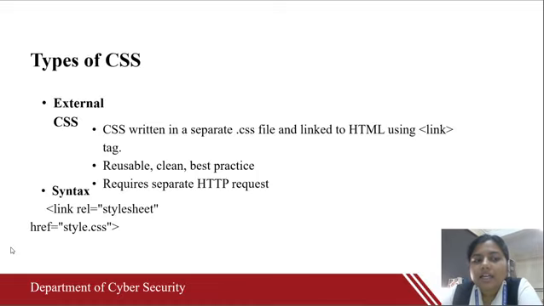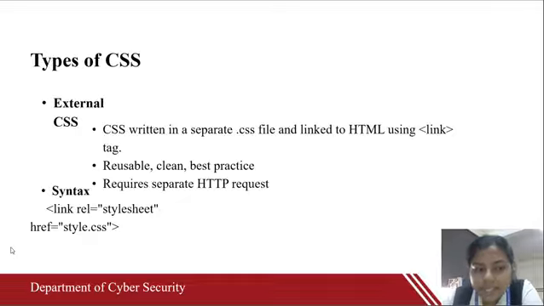The third type of CSS is external CSS. In external CSS, the CSS is written in a separate .css file and is linked with the HTML document using the link tag. It is reusable, clean, and best practice, but it requires a separate HTTP request.